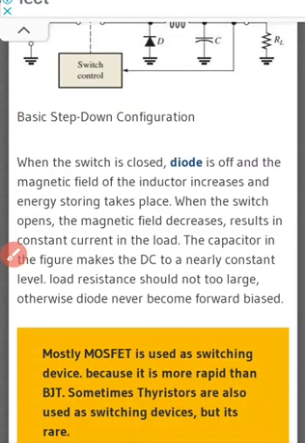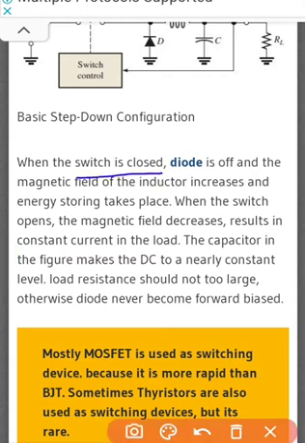Whenever the switch is closed, the diode is in the off position and the magnetic field of the inductor increases. When the switching element is closed, the diode is off, obviously, because there is no voltage difference. The inductor has a magnetic field attached to it.